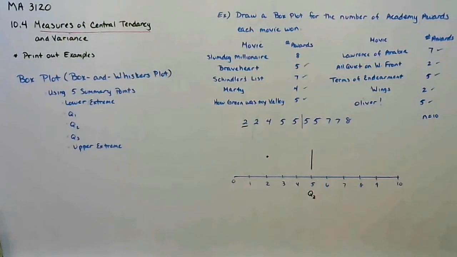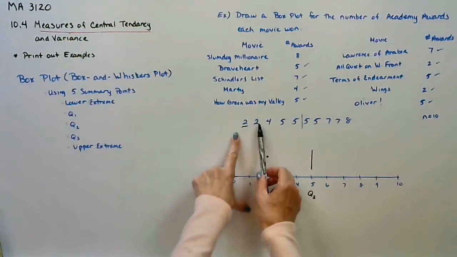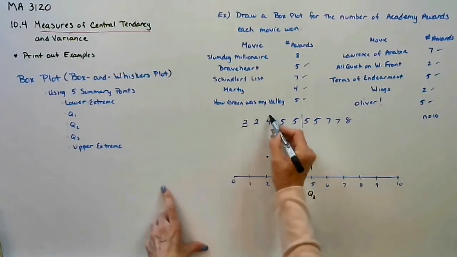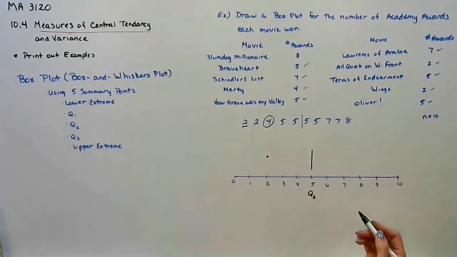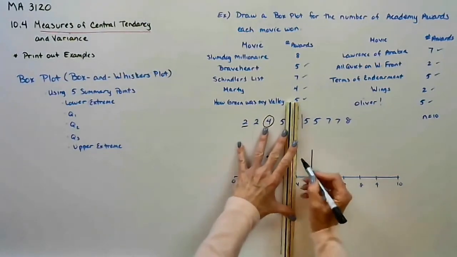If I take a look at this exact way between, I've got 1, 2, 3, 4, 5. So my median would be the number 4. So that's where my lower quartile is.